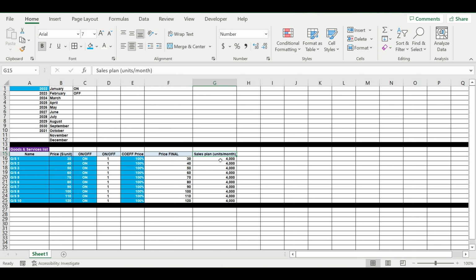So now we're moving to the sales plan. These are the inputs, so we mark them with blue also.